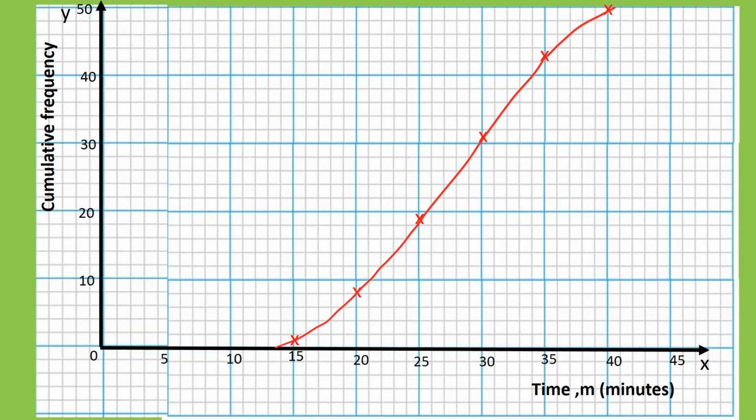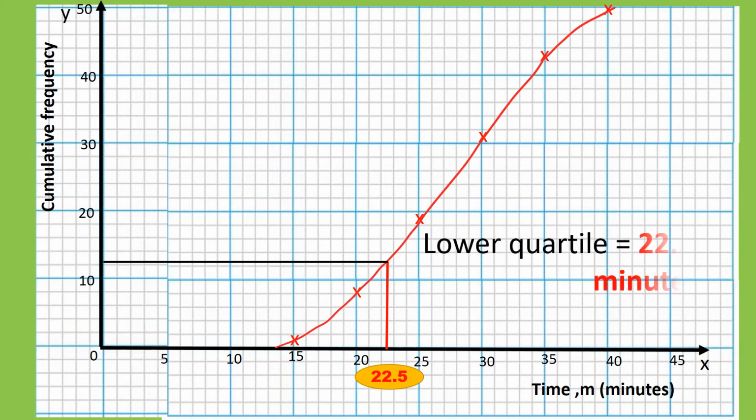We need to identify the 12.5, draw a horizontal line, then drop downwards towards the x-axis, and then read this value, which is 22.5. So our lower quartile is 22.5 minutes.